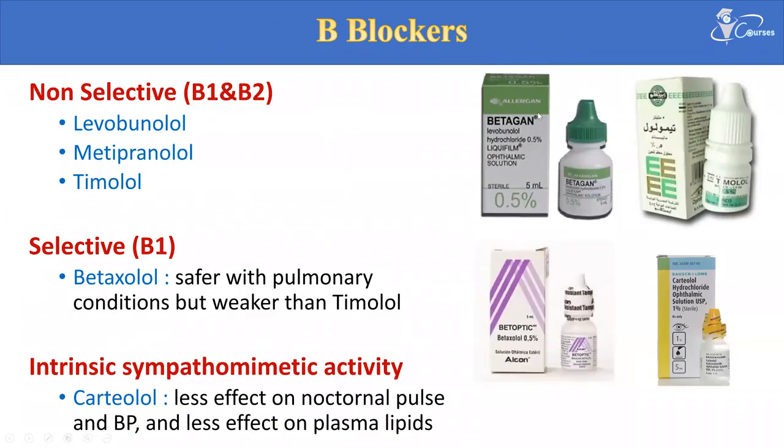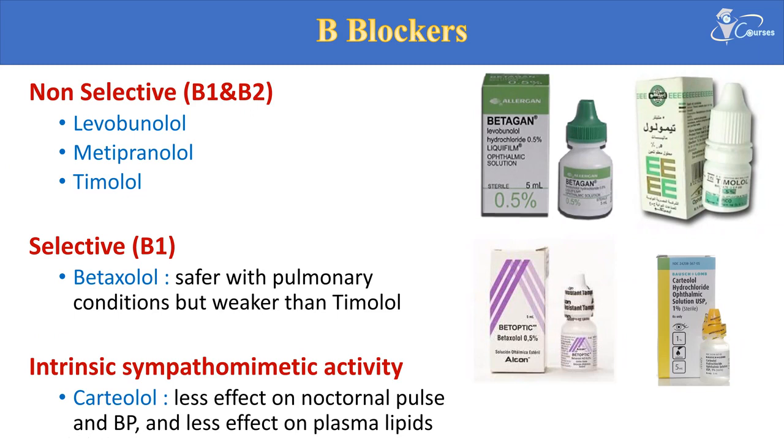Regarding the beta blockers, we have different categories. First of all, there are non-selective beta blockers. Non-selective beta blockers work on both beta 1 and beta 2 receptors, such as levobunolol or Betagan, metipranolol, and timolol. So levobunolol, metipranolol, and timolol are non-selective beta blockers, and we will now see what the problem is with non-selectivity.